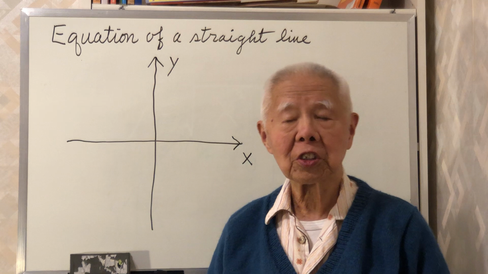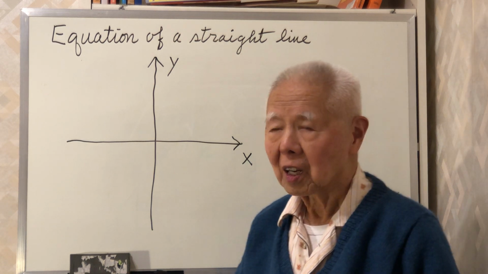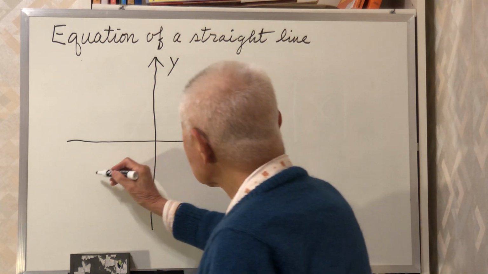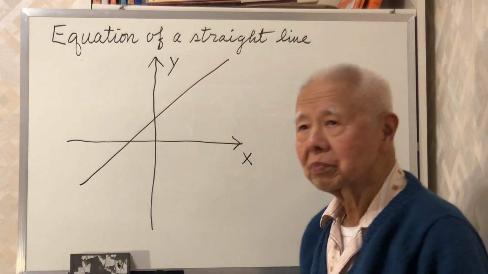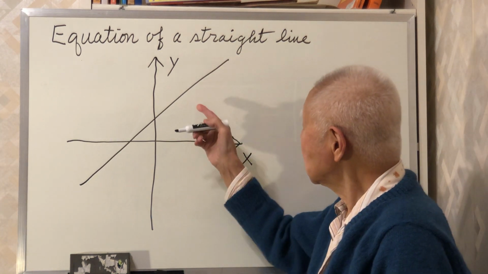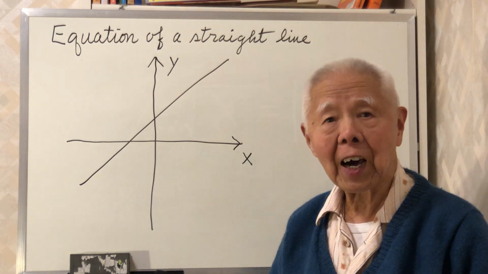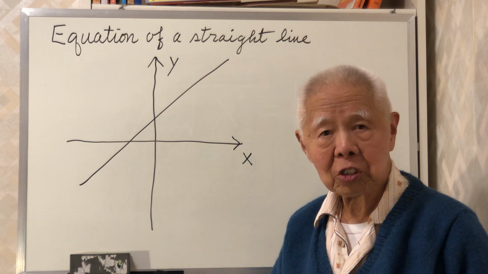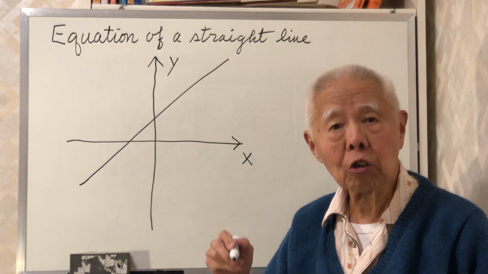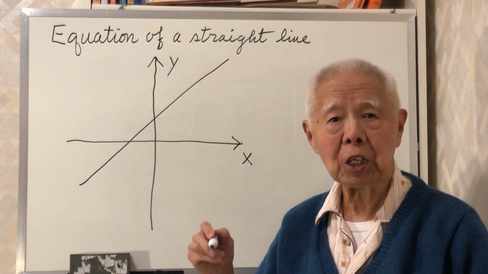Suppose there is a straight line like this. And this line has a slope. And then let's say the slope is given. The slope is m.